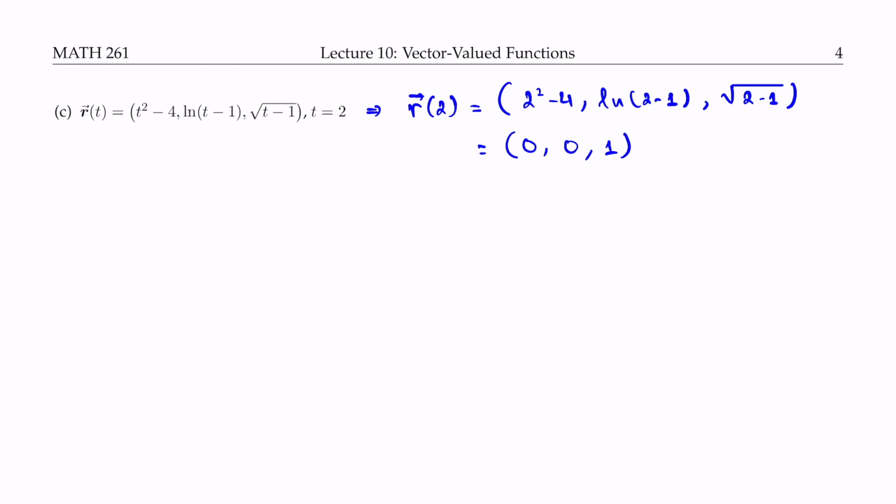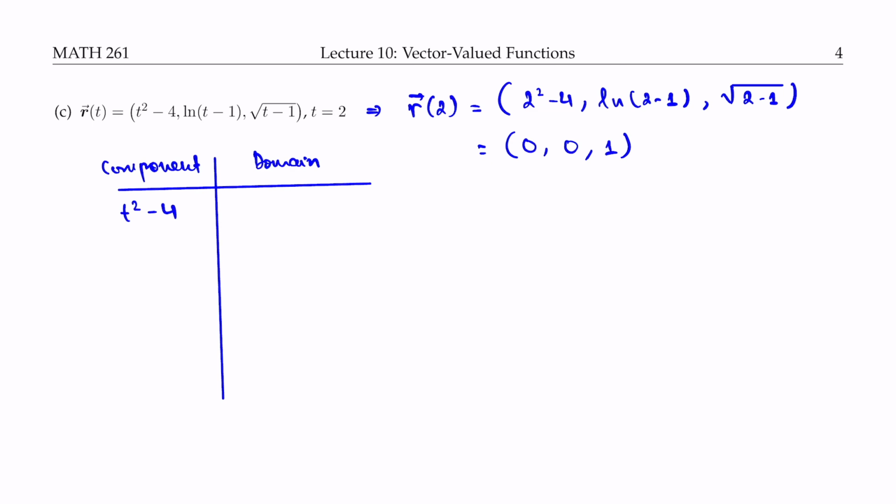Now, to find the domain of this function, again, you're going to set up a table with two columns. On one side is the component of the vector valued function, and on the other side is their corresponding domain. So the first component is t squared minus 4. This is a quadratic function, or a polynomial function of degree 2, so the domain is from negative infinity to positive infinity.